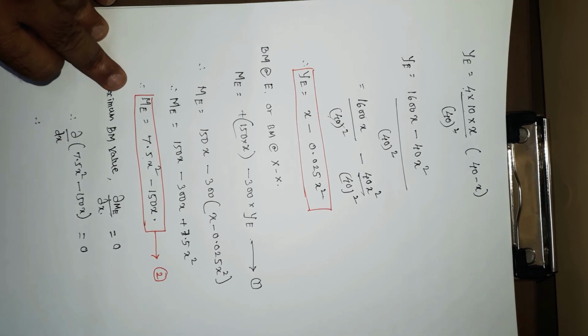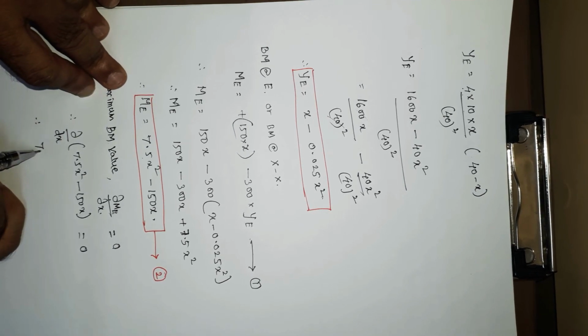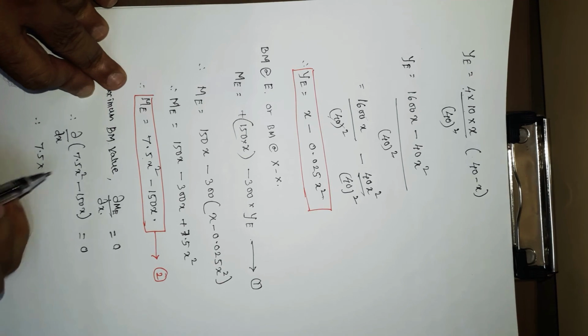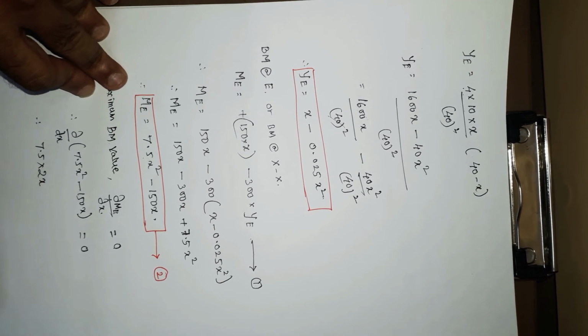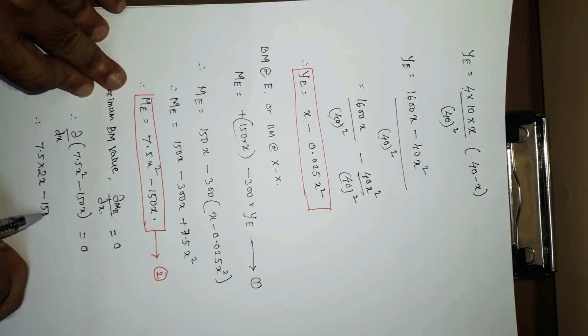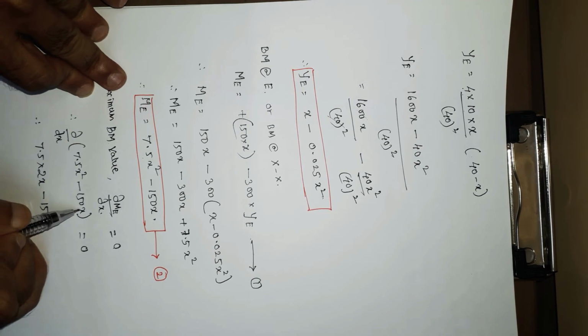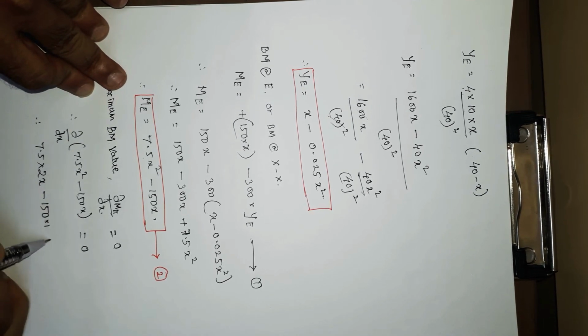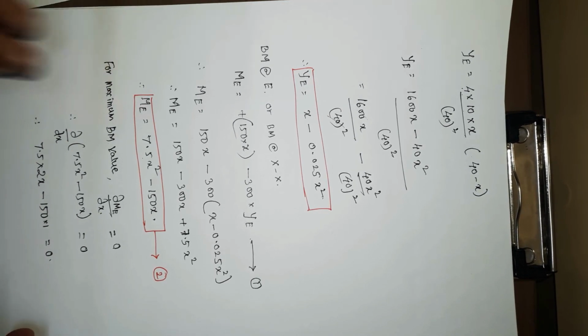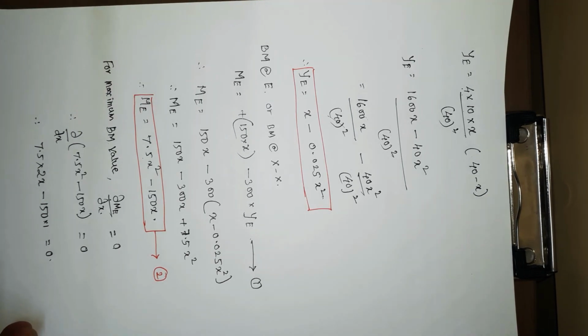Differentiating, 7.5 into the differentiation of x square, which is 2x, minus 150 into the differentiation of x, which is 1, should be equal to 0.